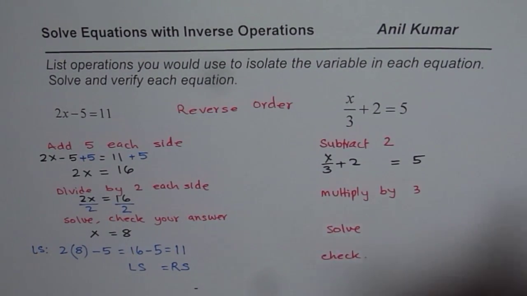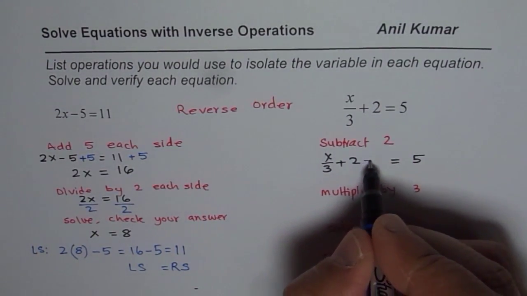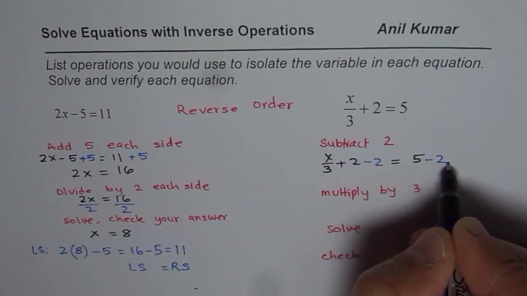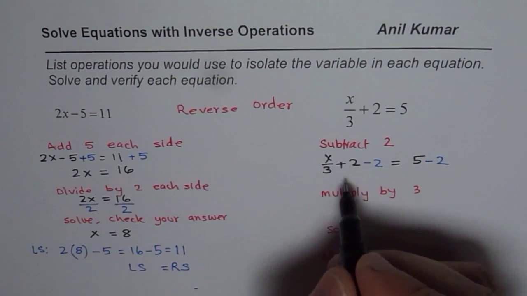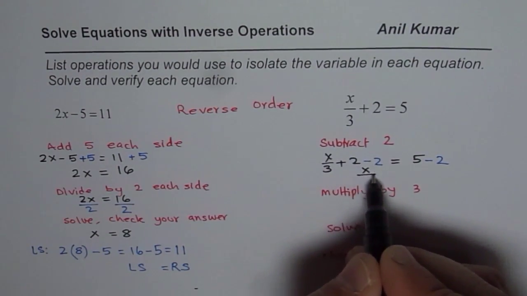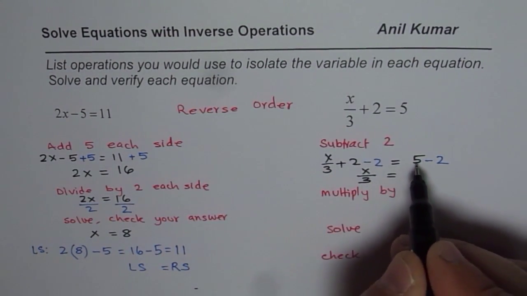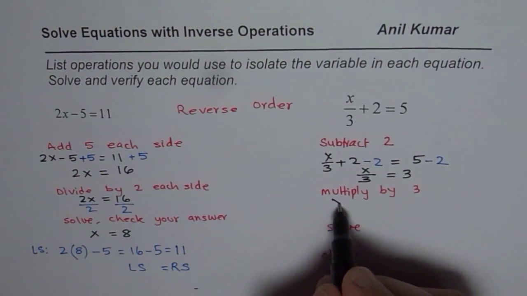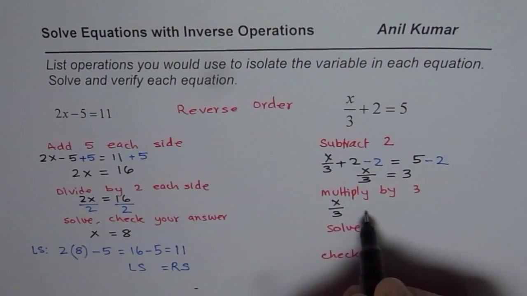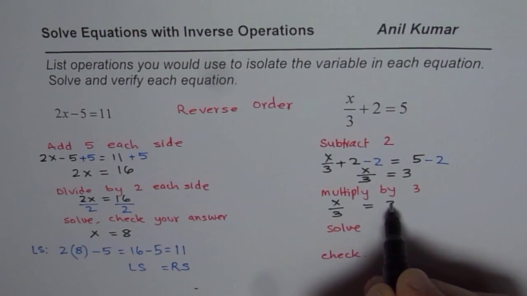I left this space to subtract 2. So we have minus 2, minus 2. That is what I mean, right? Once you subtract this, you are left with x divided by 3 equals 5 minus 2, which is 3, correct?